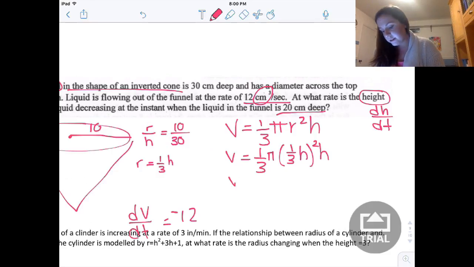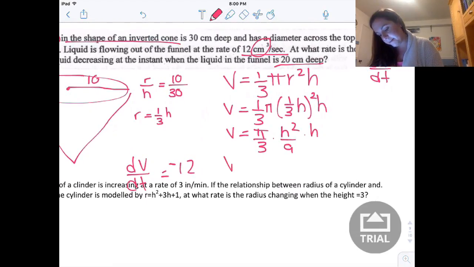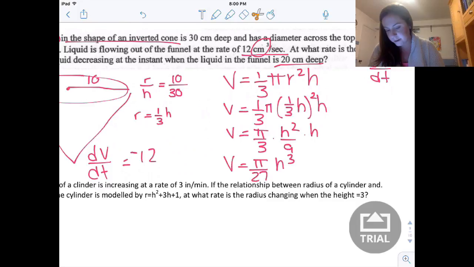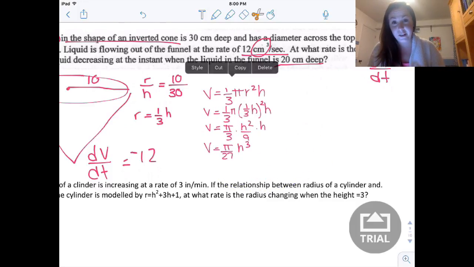So volume is pi over 3, I'm getting lazy there, times H squared over 9 times H. So my volume formula is pi over 27 H cubed. No calculus yet, right? Just pre-calc. Okay, so from there, I'm just going to move some stuff around here so we have a little bit more space. This is actually how I used to teach every day. I didn't have a smartboard, I just had an iPad. It was awesome.